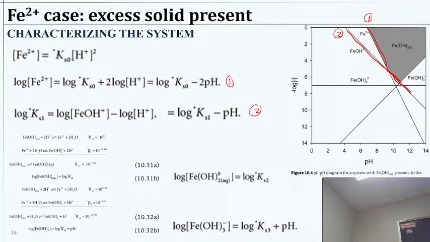Essentially what we're doing is getting 2 equations. One is for this second one, the FeOH2, ultimately yielding this equation, which is a little larger here. So we're getting this equation that says the FeOH2 non-charged species is equal to log Ka2. That's going to be this line right here.